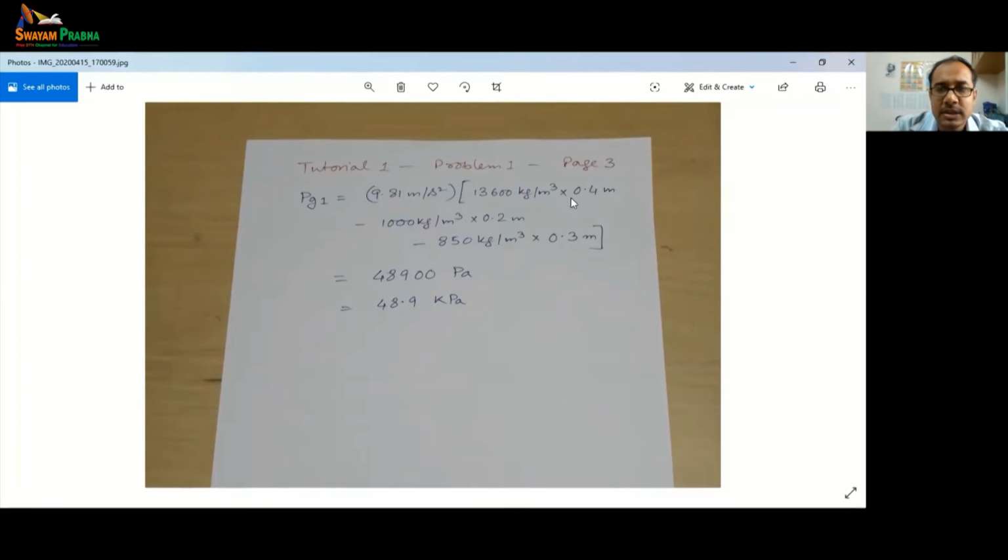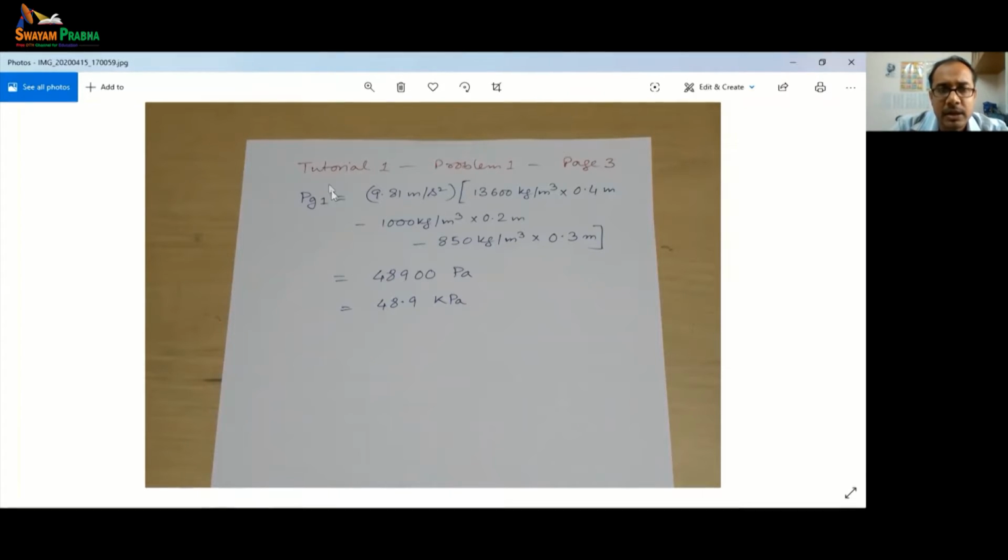So this is the SI unit. Ultimately what you are going to get is the SI unit of pressure, which is Pascal, which is basically Newton per meter square, and the number is 48900. You can convert it to a more convenient unit, which is kilopascal, 48.9 kilopascal. Approximately atmospheric pressure is 100 kilopascal, so this is about 1.5 atmosphere or 1.5 bar approximately.